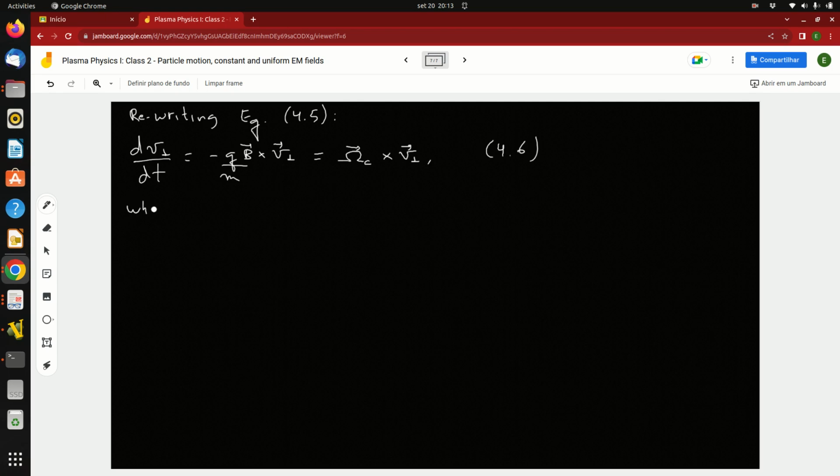Where omega C, this vector, is equal to minus QB over m. And this can be written like this: the modulus of the charge times B, the modulus of the magnetic field, over m, times this unit vector. And I can write it this way.